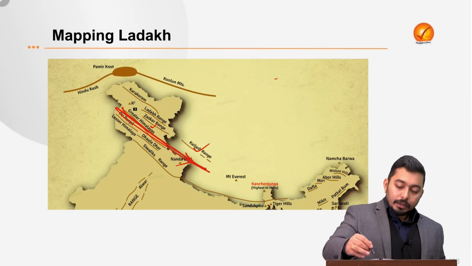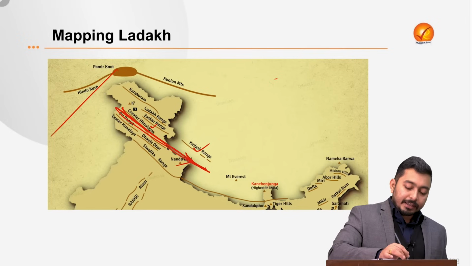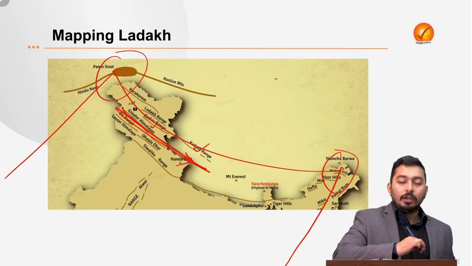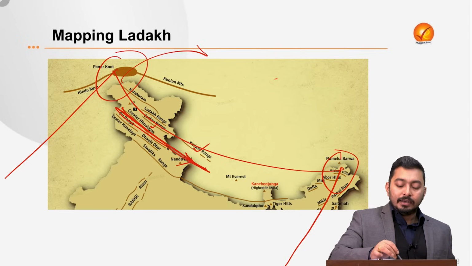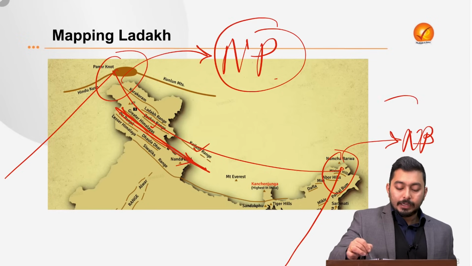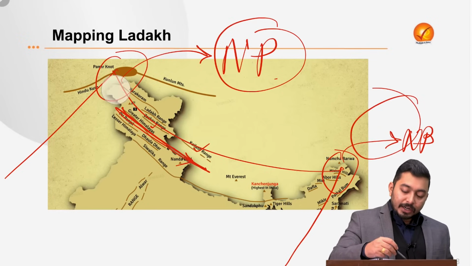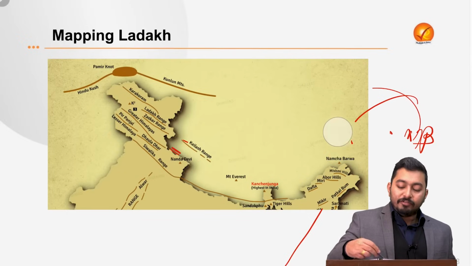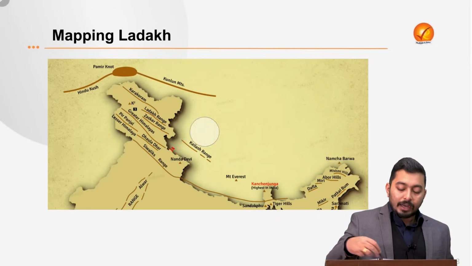Right? Now, when we are looking at Himalayas, Himalayas are said to have syntaxial bend. 2 syntaxial bends are there. One syntaxial bend is at Nanga Parvat and the other is at Namcha Barwa. Right? So this particular region, the northwestern part, it is a place of very intense collision of Himalayas.